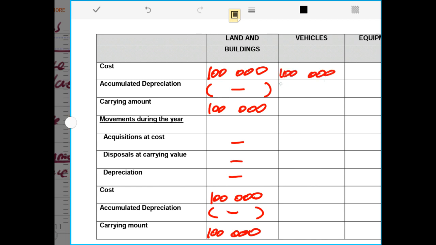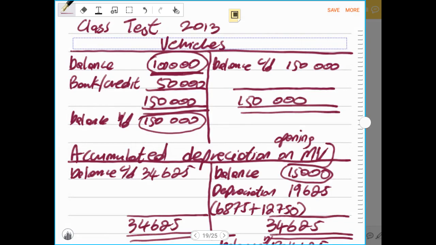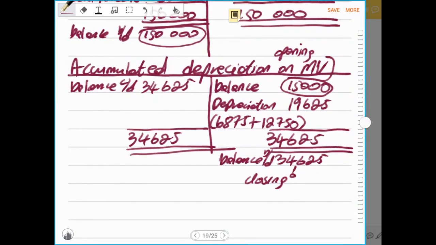for motor vehicles, and we were given the opening accumulated depreciation. Remember, this is on the 1st of August in the year 2012, beginning of the year. These are opening balances, and the opening balance for accumulated depreciation was recorded for the motor vehicles to be 15,000 rands.